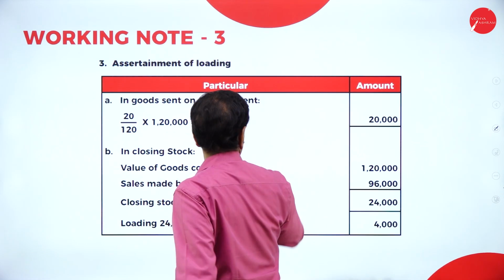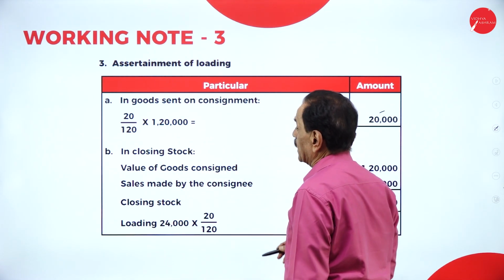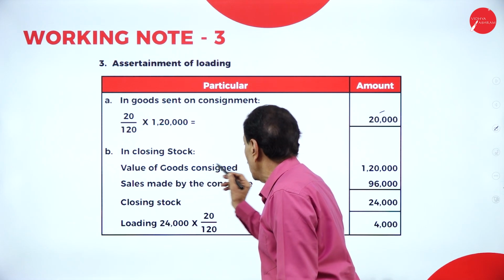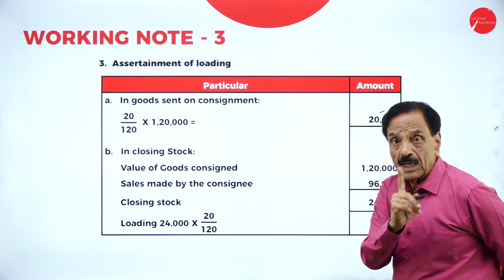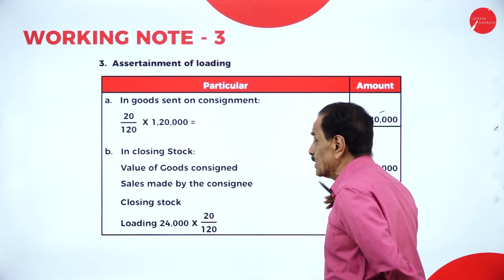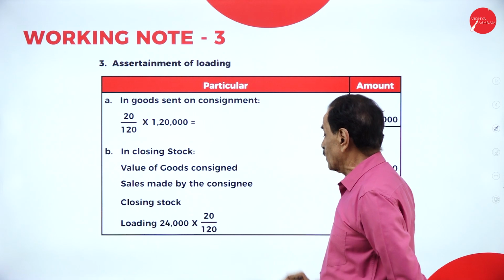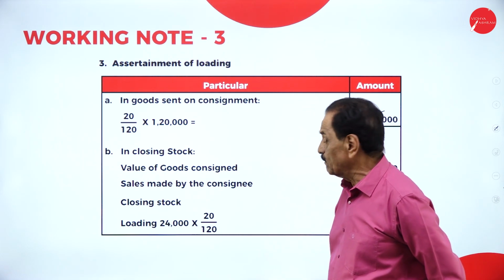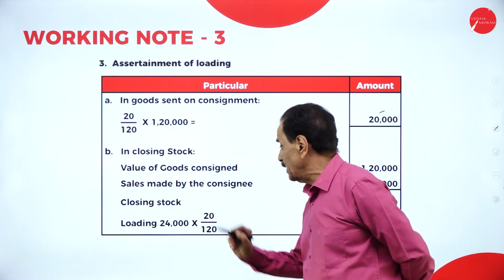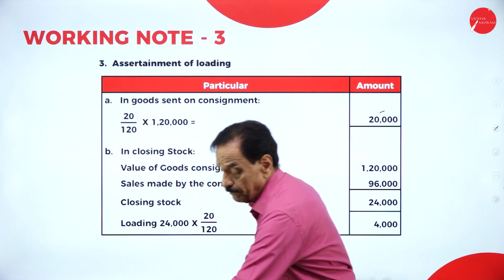In goods sent on consignment, 20 by 120 of 1,20,000 is 20,000 extra. In closing stock, value of the goods consigned 1,20,000, sales made by consignee 96,000 as per working note. The balance closing stock is 24,000. On the 20% workout, 20 by 120 of 24,000 is called loading, which is 4,000.